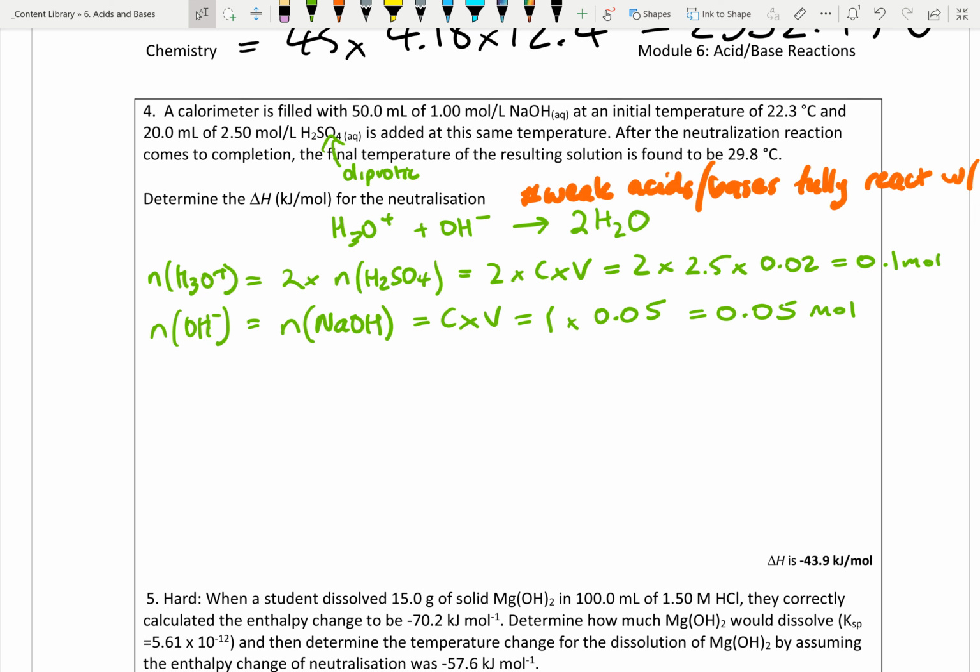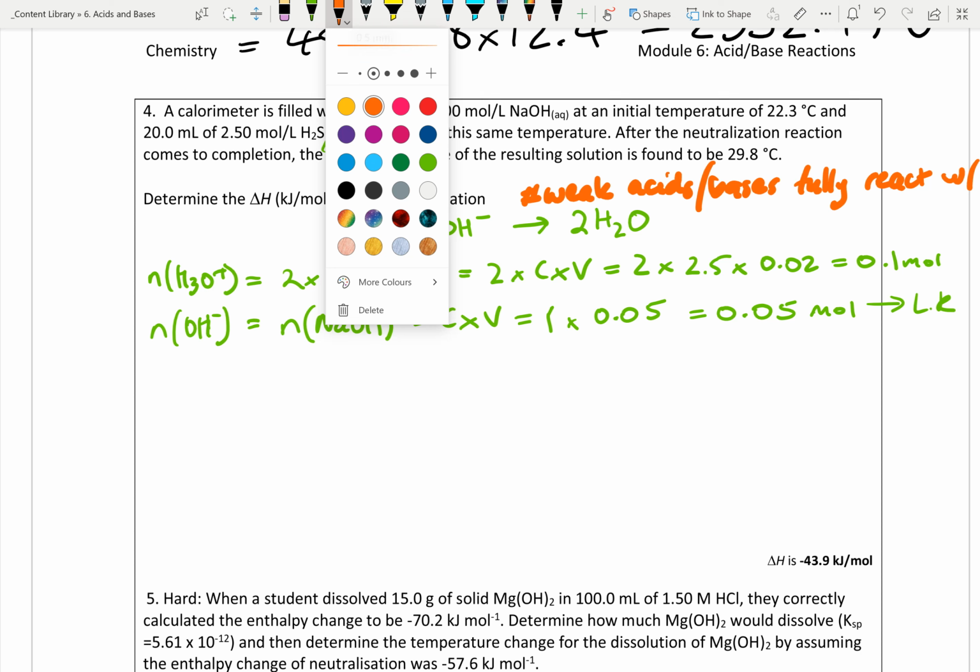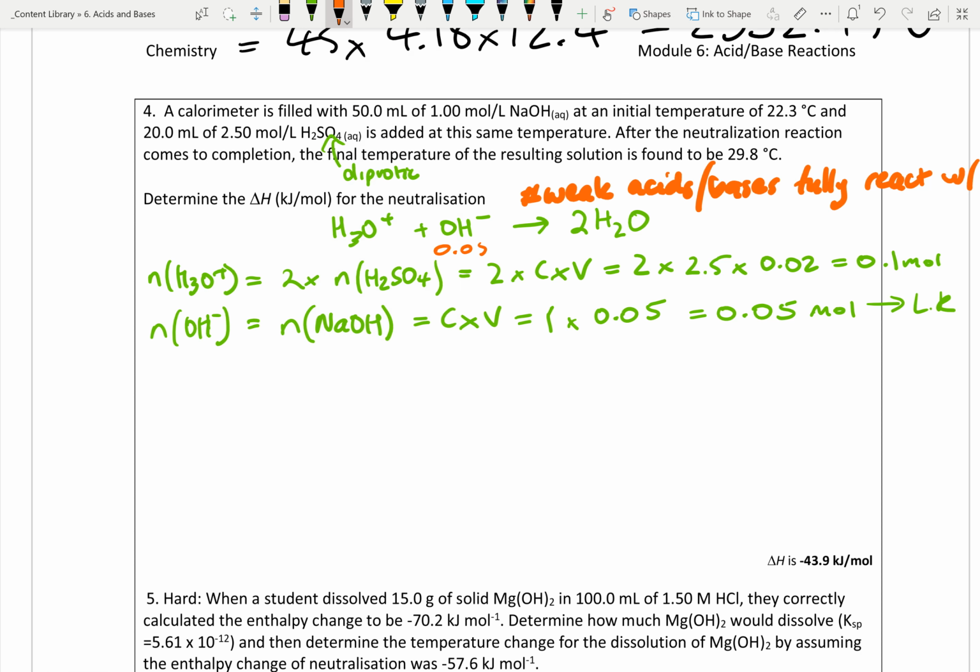And after we've worried about the 2, you can see that the hydroxide is the limiting reagent, because essentially 0.05 of it reacted, therefore we're going to get 0.05 of it react and 0.01 of it formed.